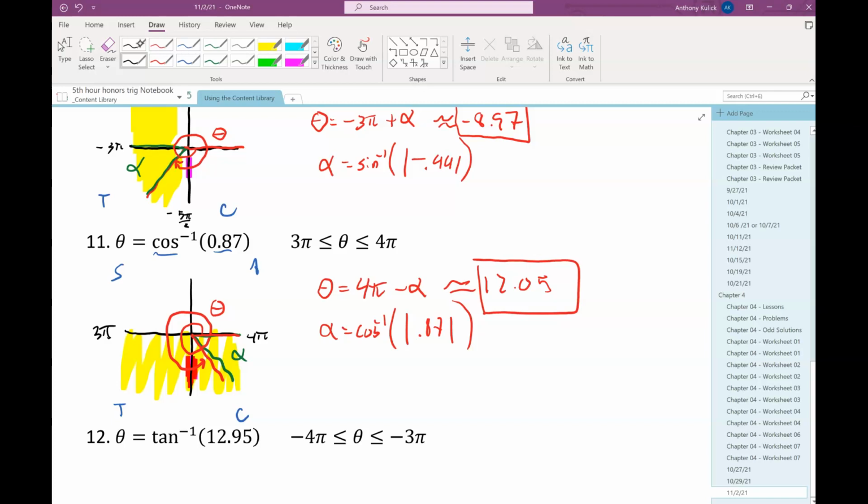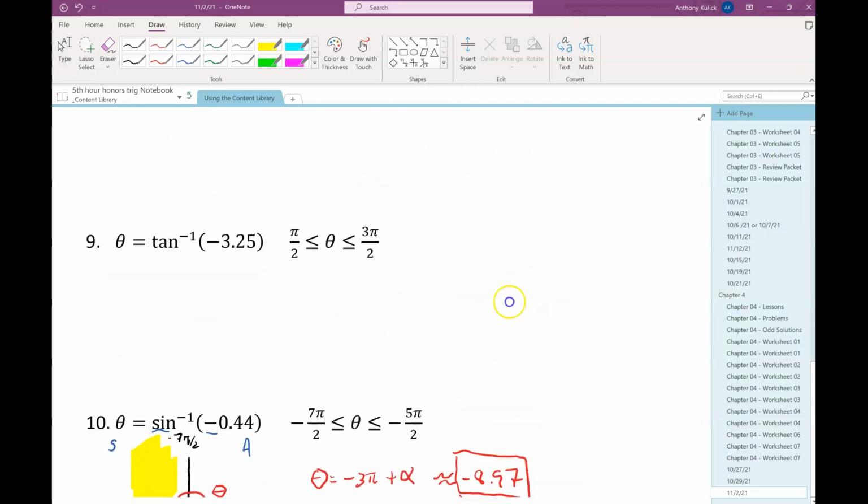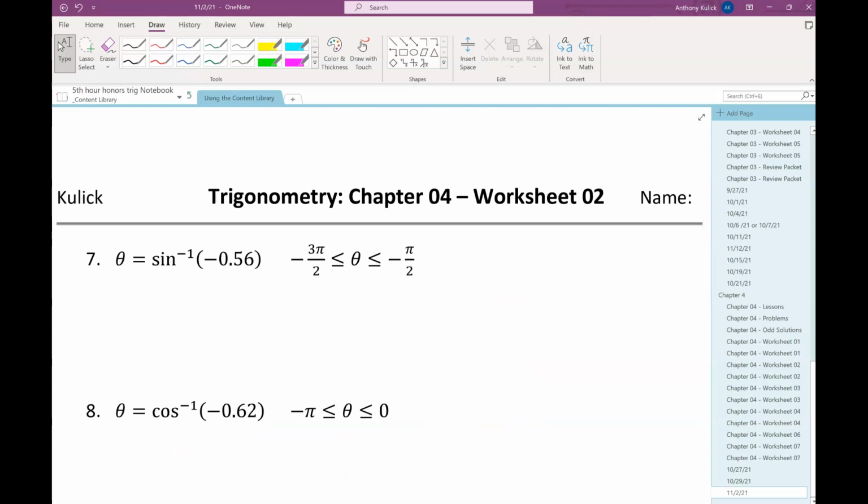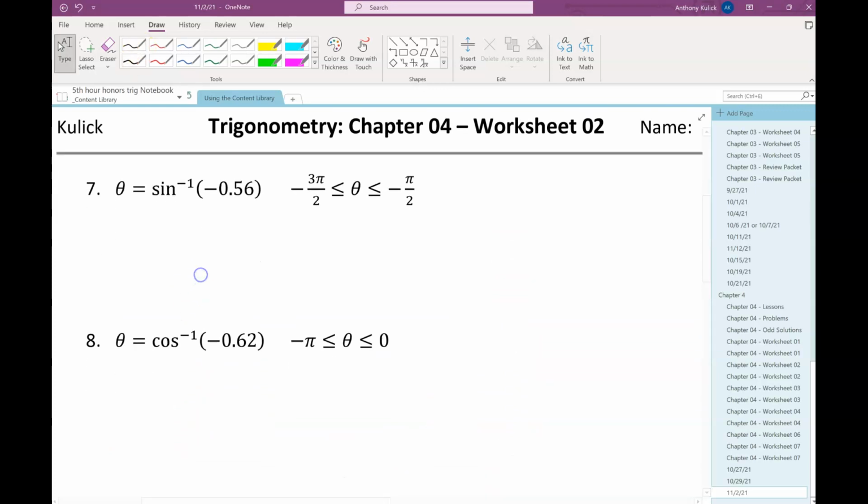Could you do number 7? From the same sheet? Yeah. Sure. So again, we'll start with our picture. I notice that theta is negative, so we're going to be going clockwise. So 0, and then negative pi over 2, negative pi, and then negative 3 pi over 2.